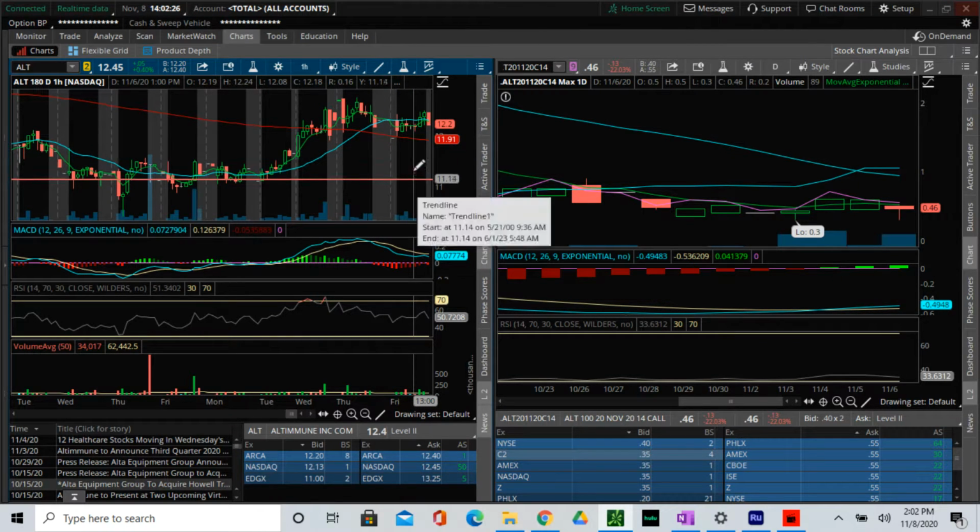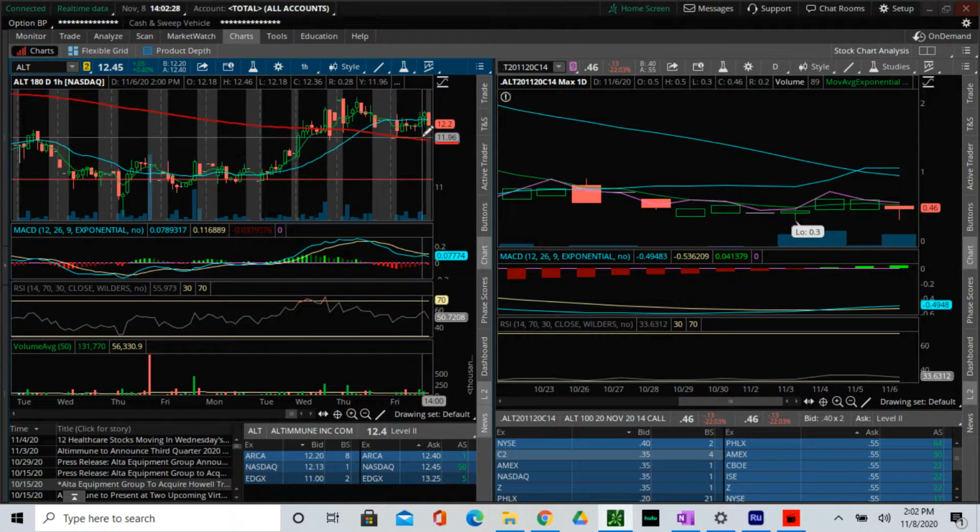The reason why I said the stock price should go to 1191 is mainly because this MACD has not crossed over.